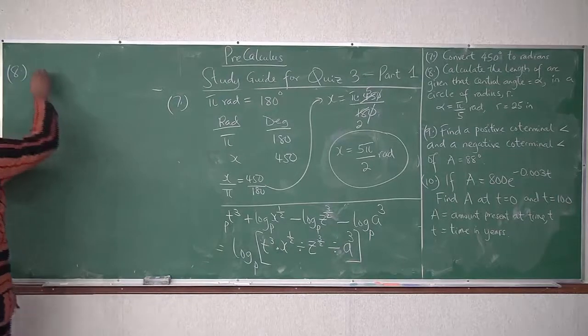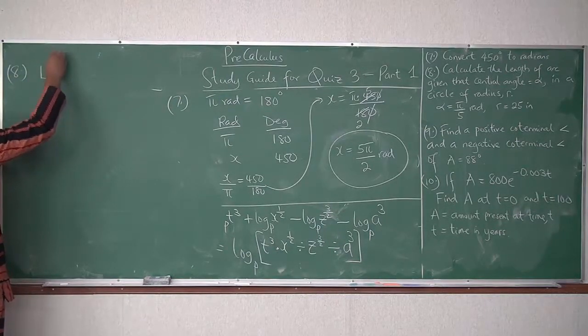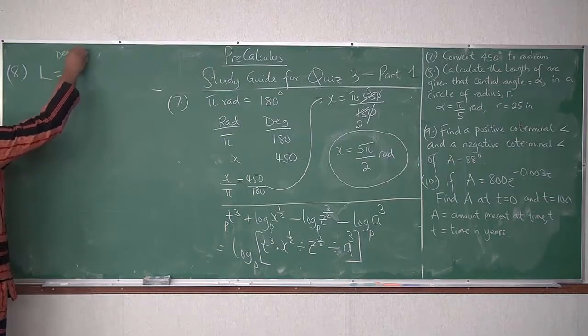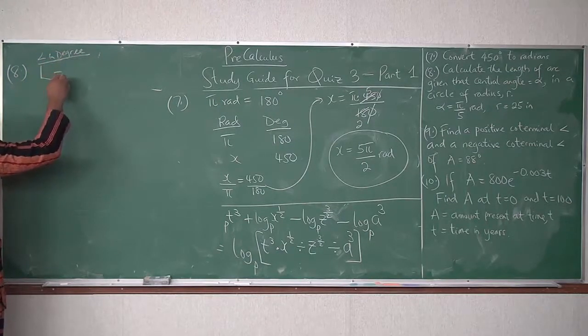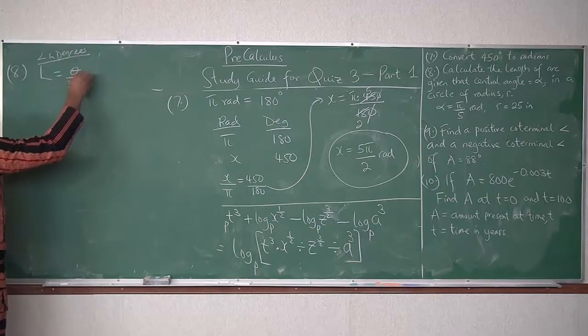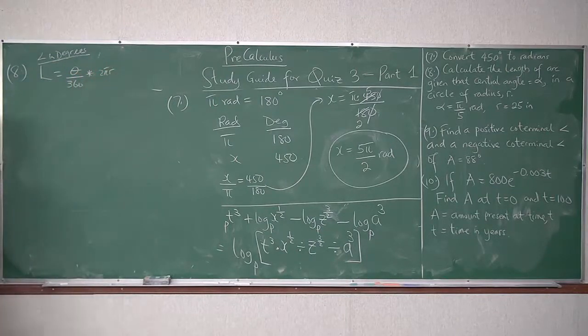So we see that the length of an arc L is, if the angle is in degrees, we have that L is theta over 360 times 2 pi r. Okay, that's the length of an arc. L is the length of an arc.